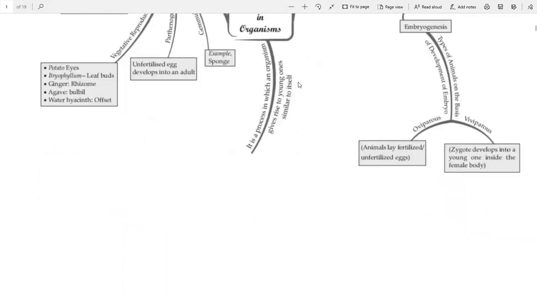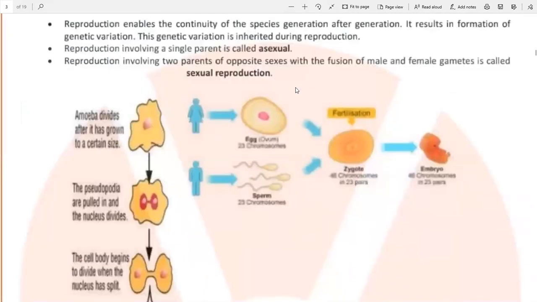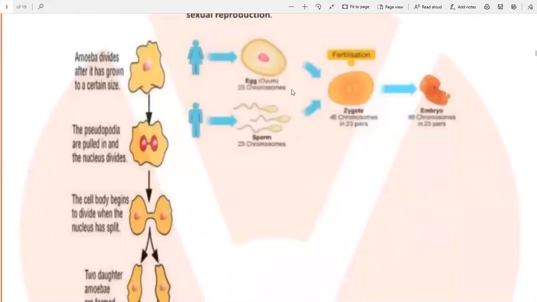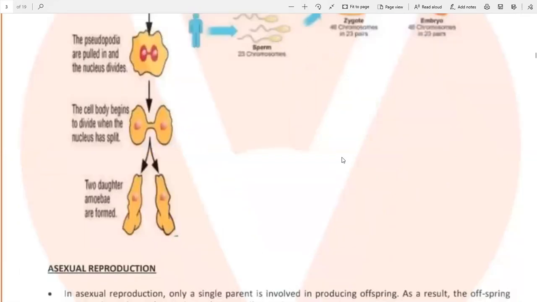So these are the two types of animals. Then further, with a diagram, it is shown how amoeba divides and how fertilization or embryogenesis occurs in human.